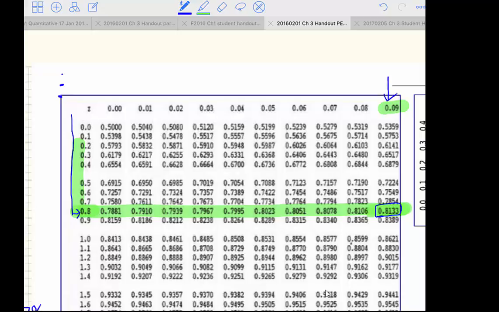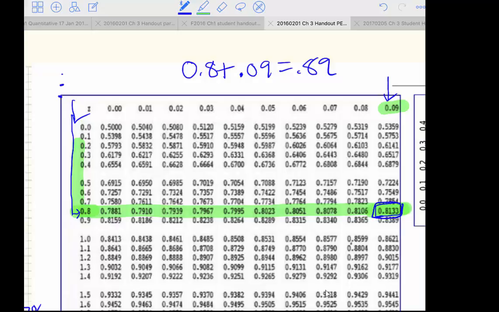So you've sort of combined the left column and this, so you get essentially 0.8 plus 0.09, which of course is 0.89. Now on this one it's a little confusing because it ends up being 0.81, which is quite close to 0.89.